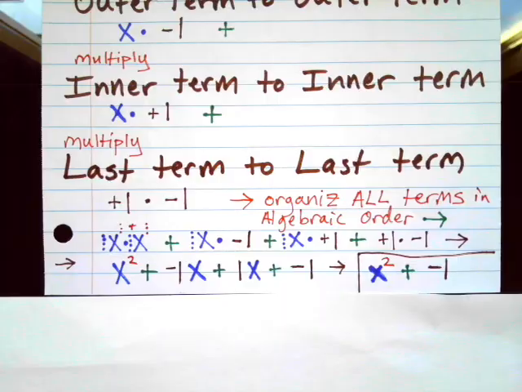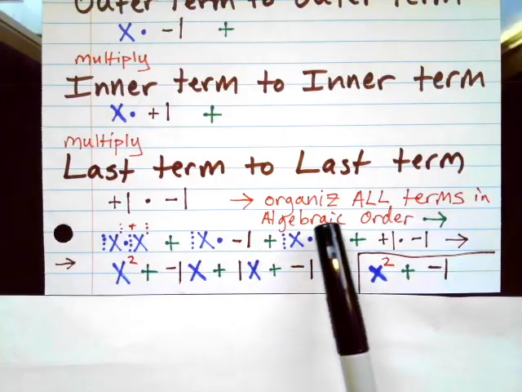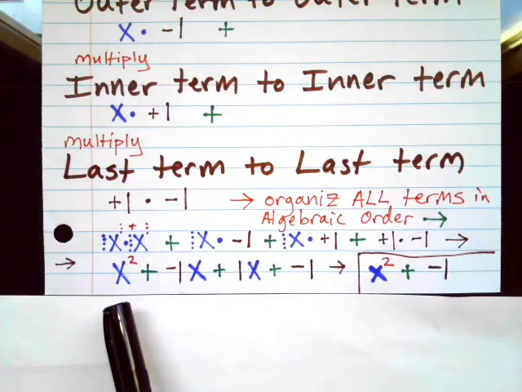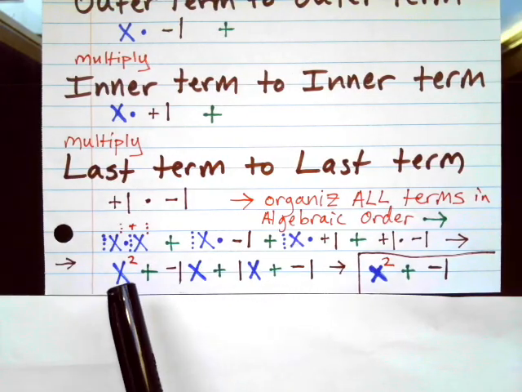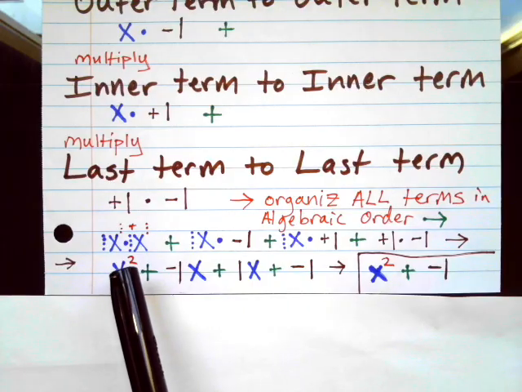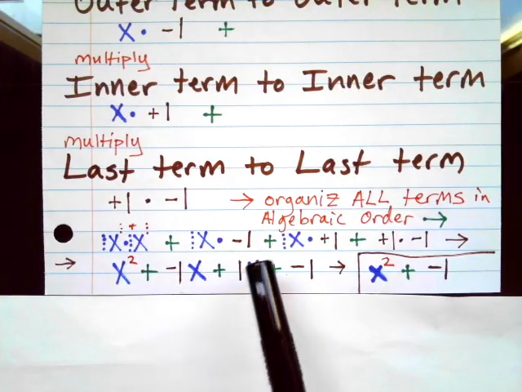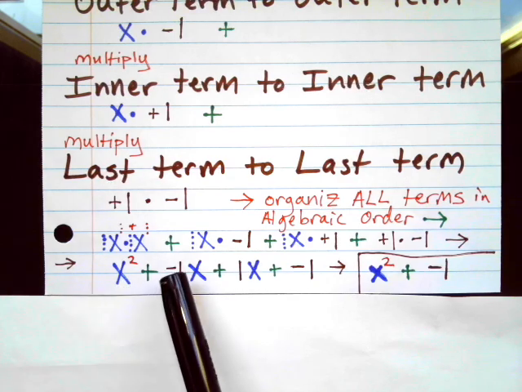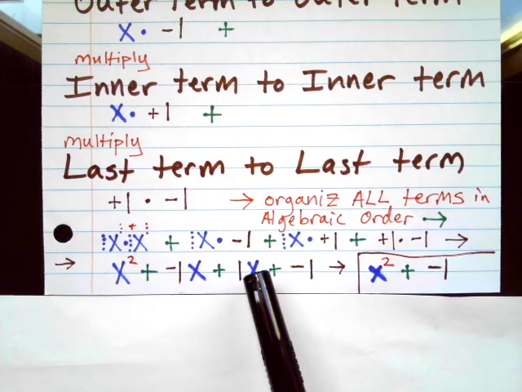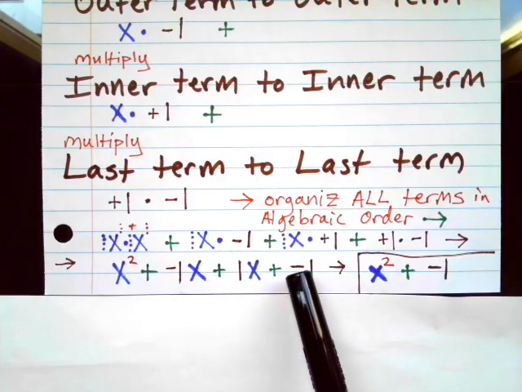Now, lastly, you're going to combine like terms, right? So we want to write these guys in algebraic order. That means alphabetical order, which is okay. We only have one letter here, that's x. And then it goes in exponential order. The power of 2 before the power of 1, and so on and so forth. So we have x squared plus a negative 1x, plus a positive 1x, plus a negative 1.